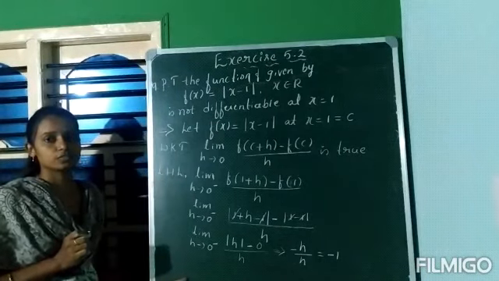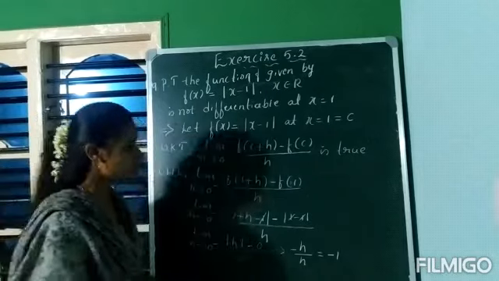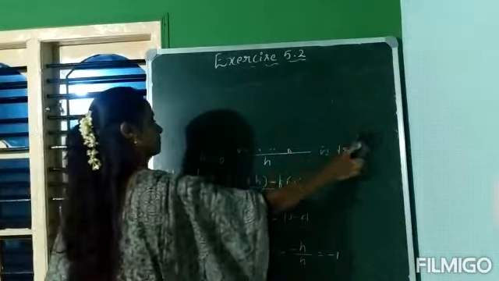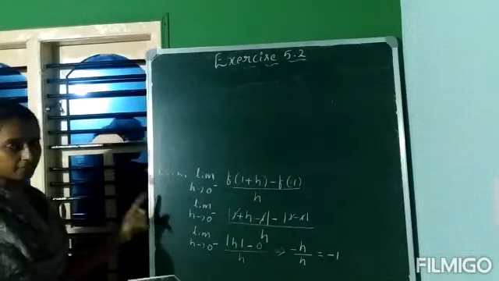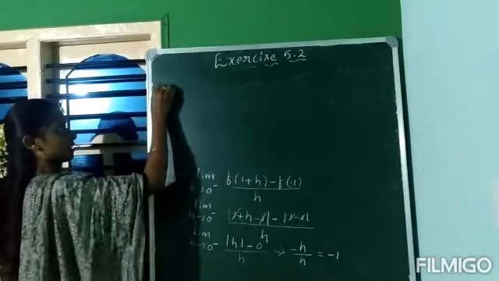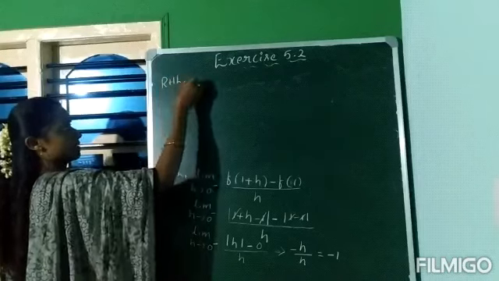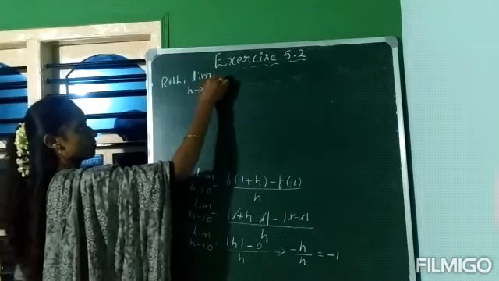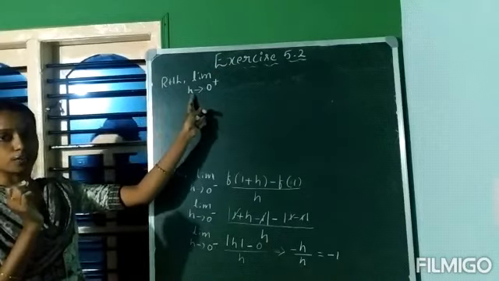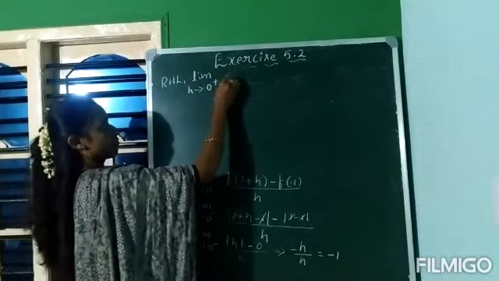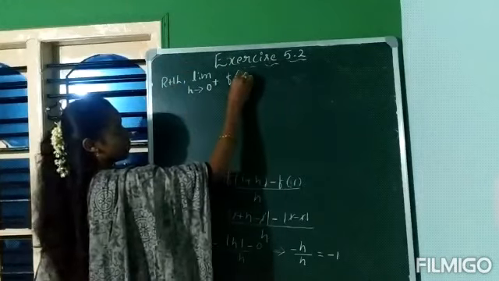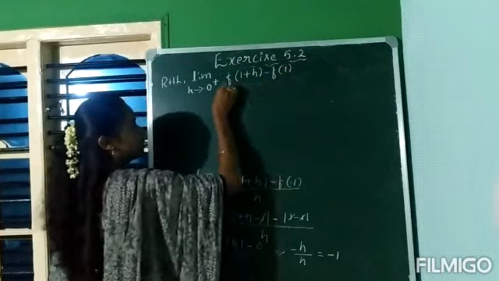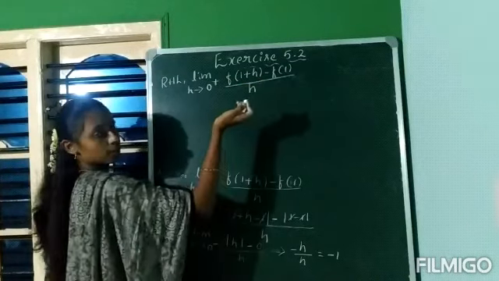The same way I'll do the RHL. RHL is the limit as h tends to 0 plus, the positive value of the modulus. Again the domain is the same: f of 1 plus h minus f of 1, divided by h.